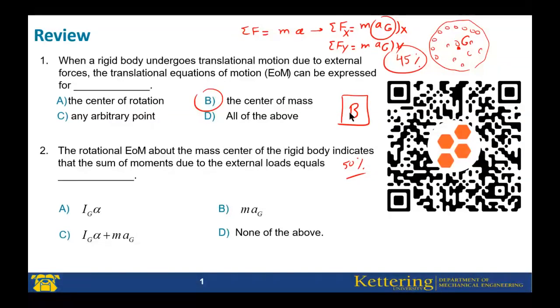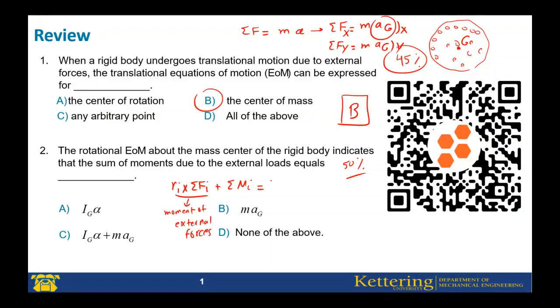How to solve this? If you remember, I used this equation: r_i multiplied by the summation of the force along i. This is the moment of external forces, plus the summation of the external moments.